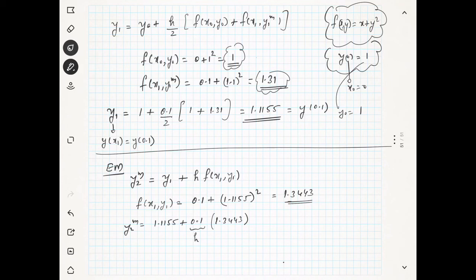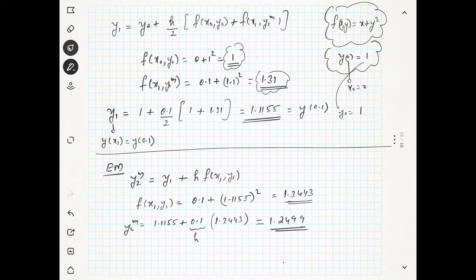Let me calculate this. You will get it as 1.2499. So this is y2m.